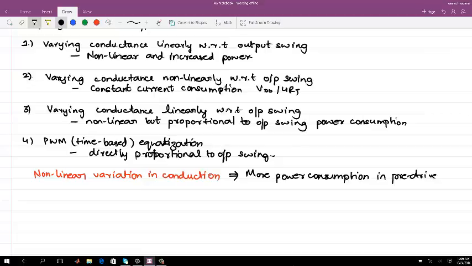This is one of the drawbacks. So if you are saving any power by having a non-linear conductance with constant power, it may lead to increased power consumption because of the finite resolution of equalization you want. Is there any doubt or confusion?